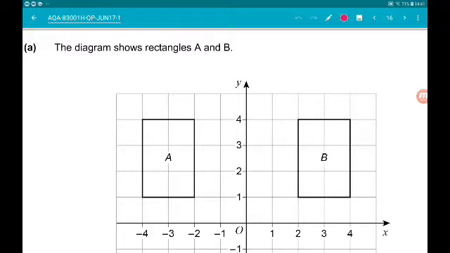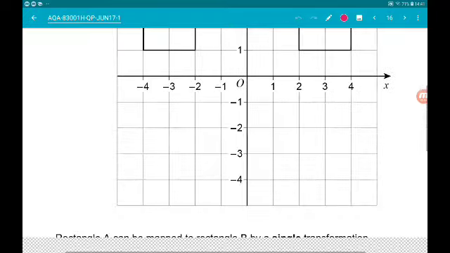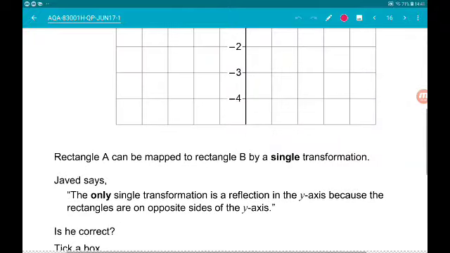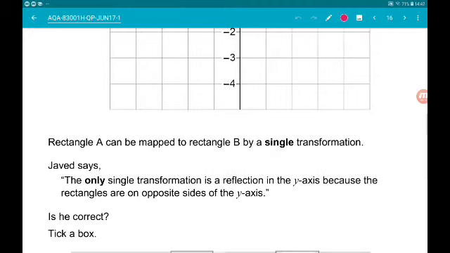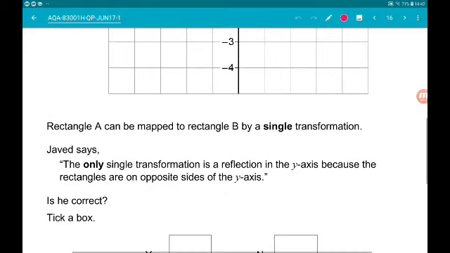Okay, question 21. We have two rectangles, A and B. Rectangle A can be mapped to rectangle B by reflection through the y-axis. Javed says the only single transformation that can map A onto B is a reflection through the y-axis because they are on opposite sides of the y-axis.